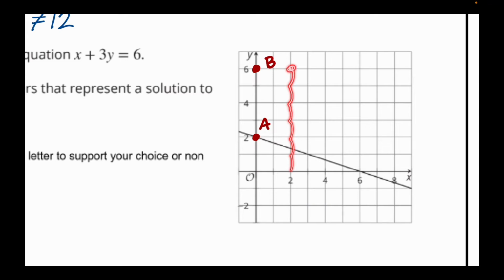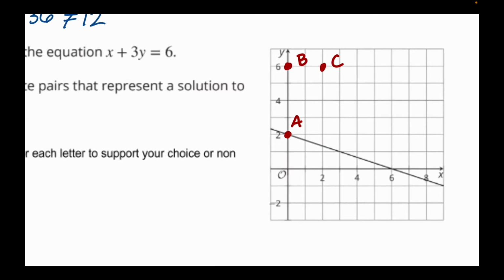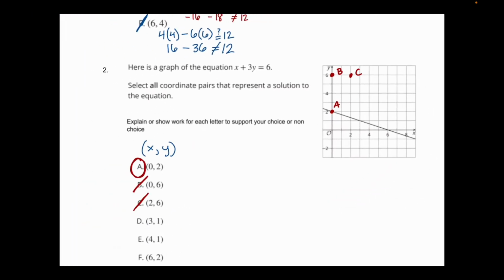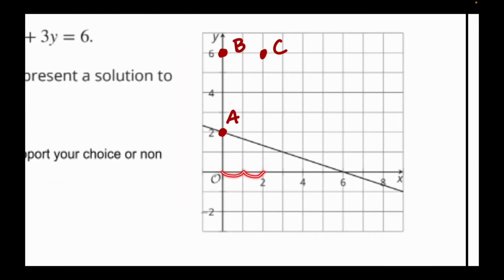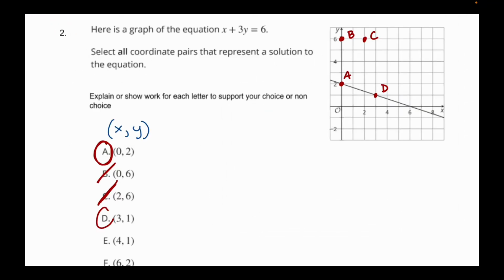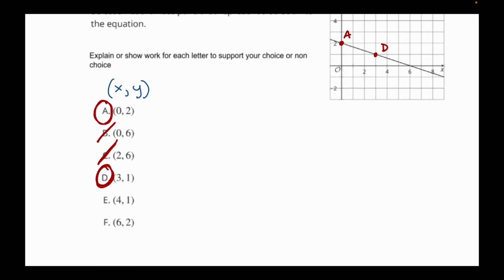Still not going to work, but I'll still put my point here and label this C. C doesn't work. D is 3, 1, so if we start at 0, 0, we go 1, 2, 3 to the right, and 1 up. That does land on the line, so I'm going to mark this here and put D. D is going to get circled because it is the answer, or it's one of them.